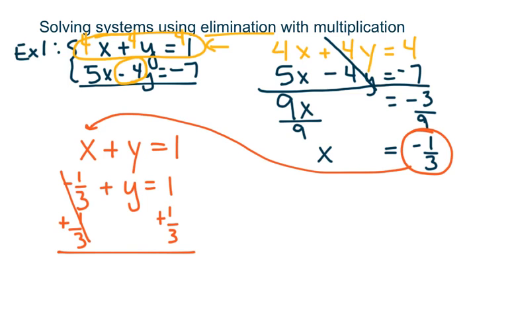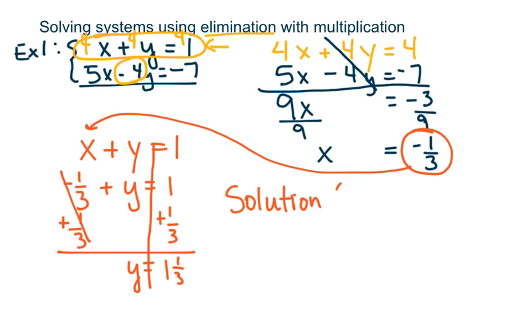That cancels, and I'm left with y equals 1 1/3. So my solution, again, a solution to a system is a point where the two lines intersect. Has to be in the form of x, y, so my x value is negative 1/3, and my y value is 1 1/3.